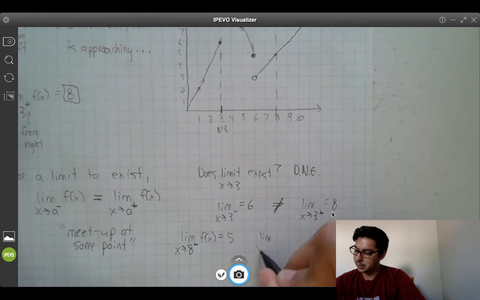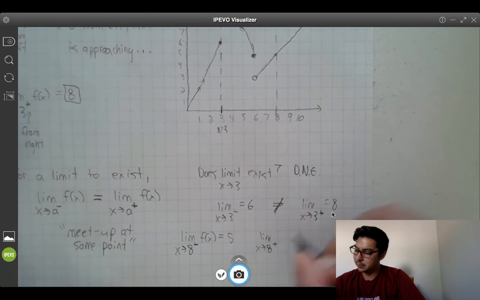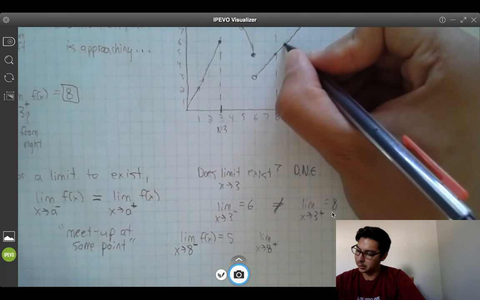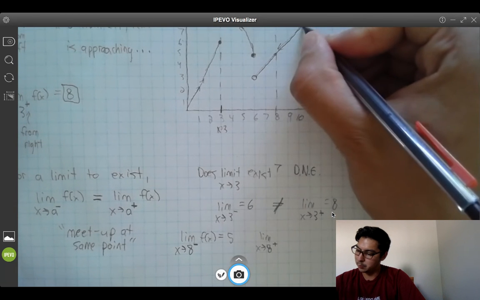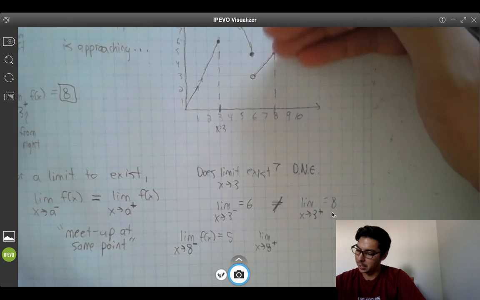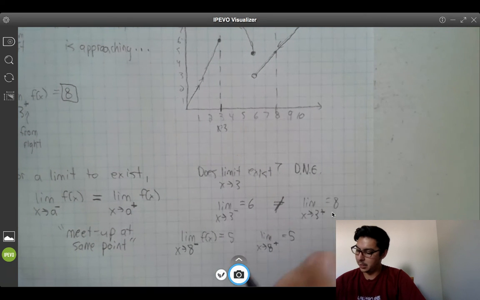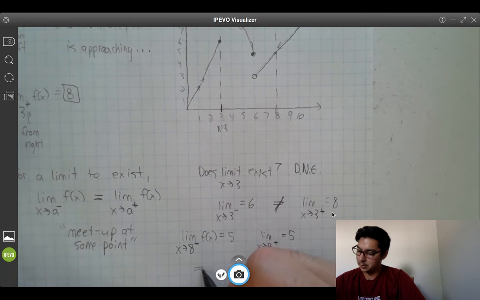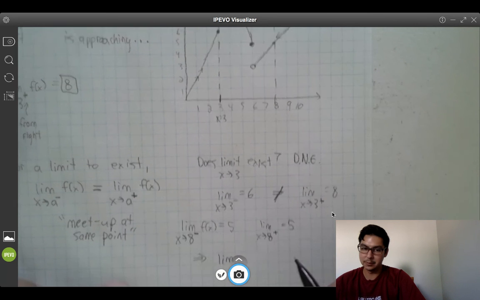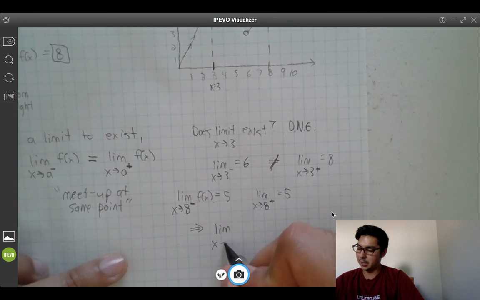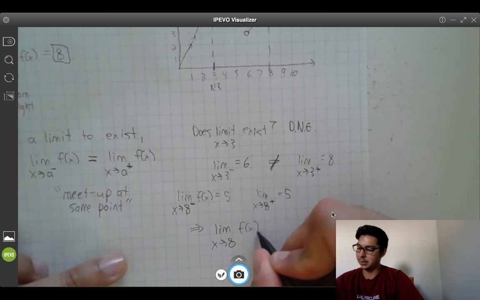The limit as x approaches 8 from the right side of the curve, we're also approaching these y values, the height we're at, is approaching 5. So thus, since these are equal, that implies that the limit as x approaches 8 of f of x equals 5.